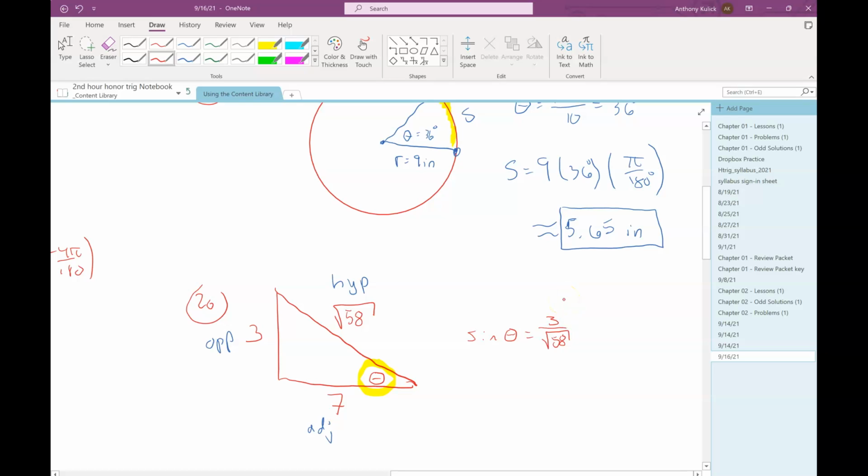So that's going to be 3 over the square root of 58. But we don't leave a radical in the denominator when it involves just a number like this. So we'll just multiply the top and bottom by square root 58. And that'll get that out of there.